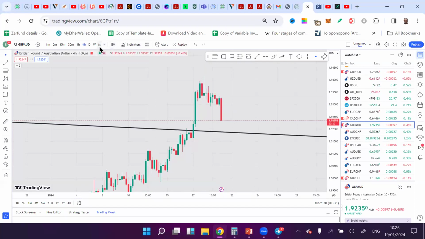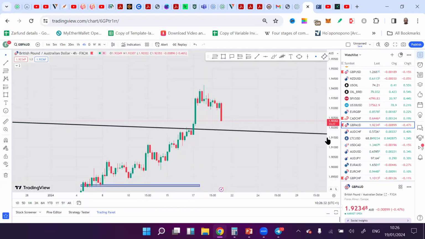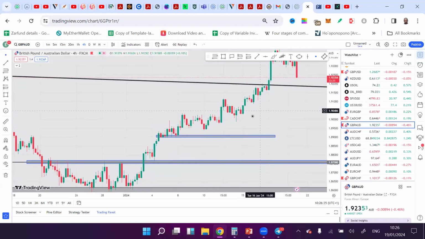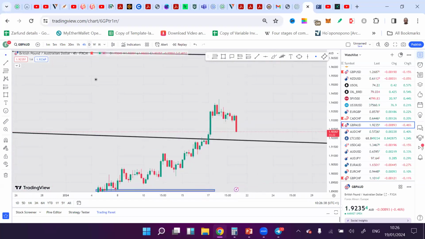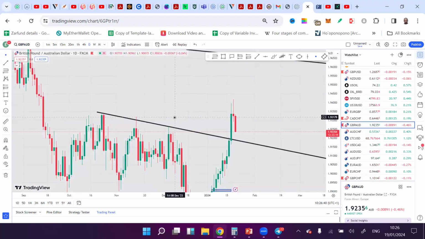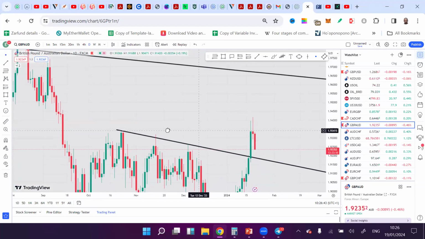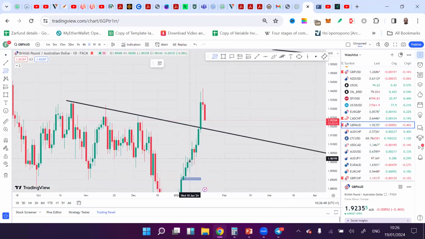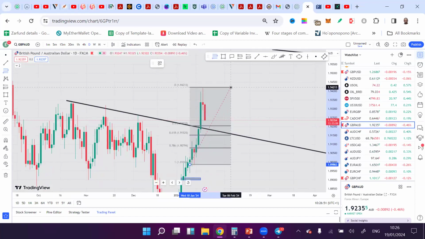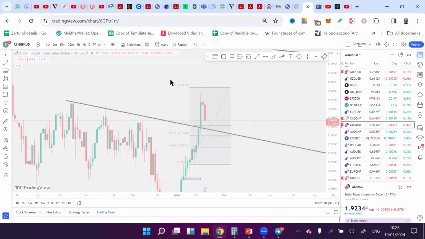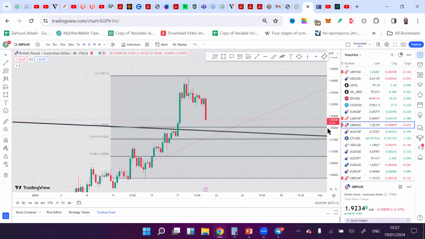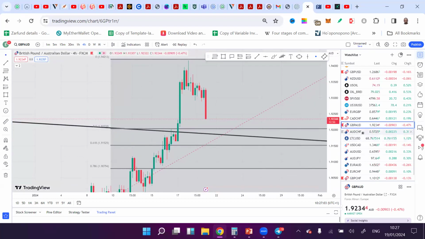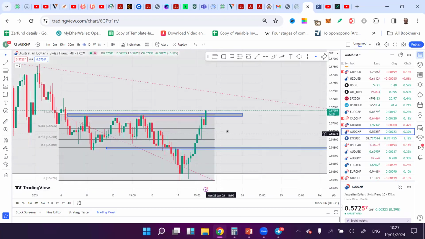Because from what we can see, GBP AUD has been buying for a very long time. But let's see now, is it changing direction? It doesn't look like it's changing direction. It looks as if it's making a pullback, right? So somewhere around this area here is where we'll be making a buy on this one. For now, we'll just leave that alone. We're not clear about that yet.